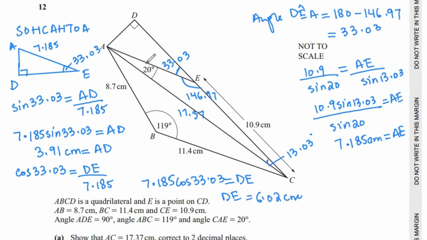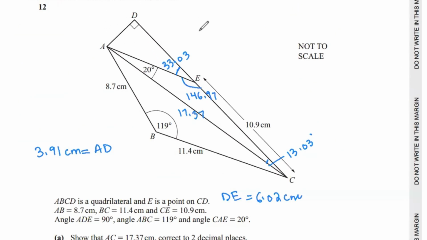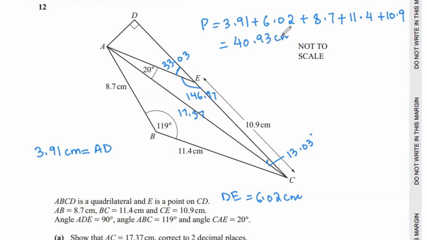So now that we have all of the lengths, the perimeter of the quadrilateral would be 3.91 plus 6.02 plus 8.7 plus 11.4 plus 10.9. We're getting 40.93 centimeters. That is your perimeter of the quadrilateral ABCD.